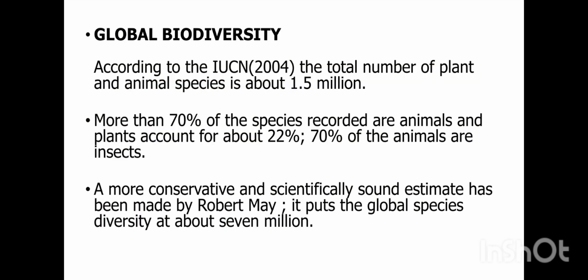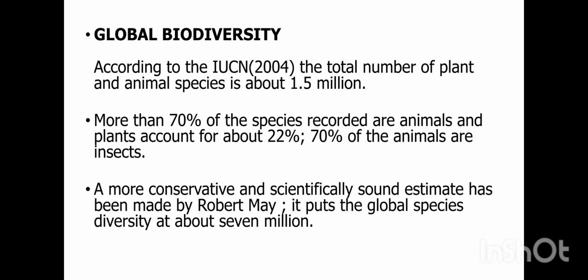Then global diversity. According to IUCN, the total number of plant and animal species present on the globe is about 1.5 million. More than 70% of species recorded are animals, and plants account for about 22%, and 70% of animals are insects.